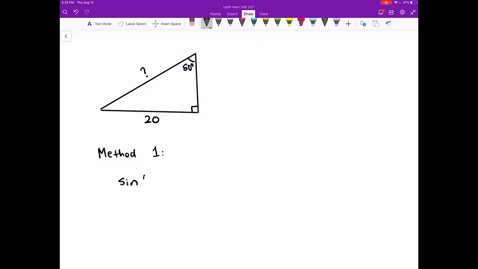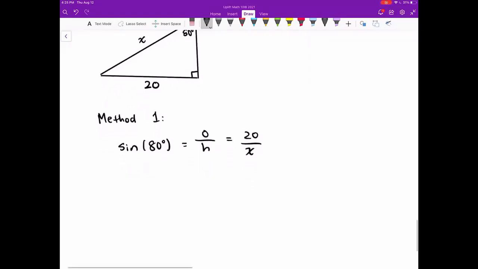Okay, so we know sine 80 is equal to the opposite over the hypotenuse. It's 20 over question mark. You should name it x. Now we can reorder the equation a little bit, and we get x is equal to 20 over sine 80.